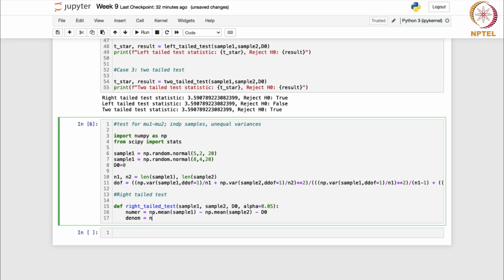The denominator would be np.sqrt. So np.var, the sample variance s1 square, here we are going to divide it by n1 because that is the sample size of the first one, plus the same thing for your second one.